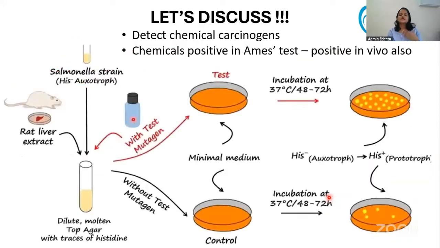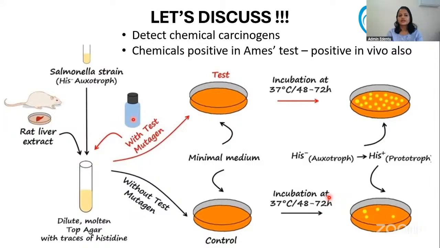Some of these chemicals can act as carcinogens. Carcinogens have the ability to produce cancer in humans. So how do we detect such chemical carcinogens? There is a very simple test that we use for identifying such chemical carcinogens. That test is called the Ames test.